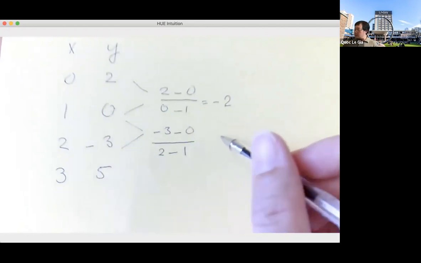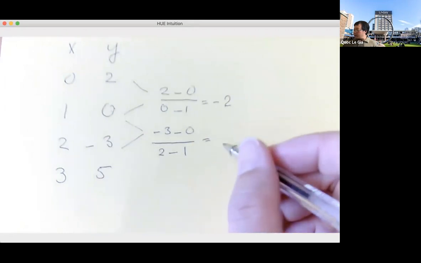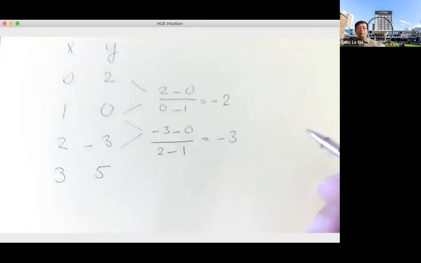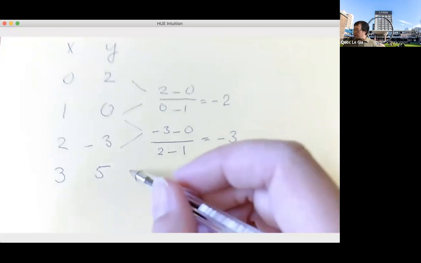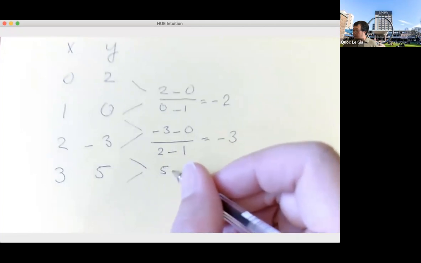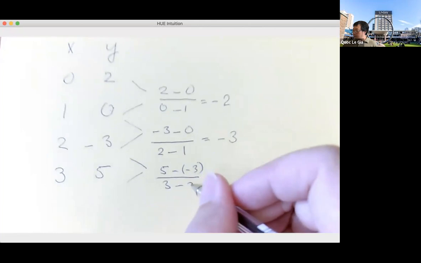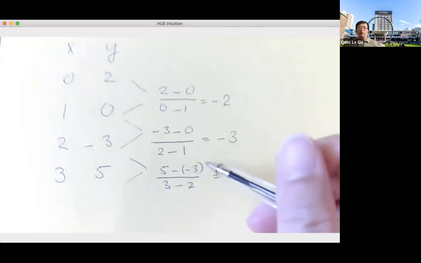So then I have minus 3. And then similarly for this number, I have 5 minus 3 over 3 minus 2. Then I get 8.